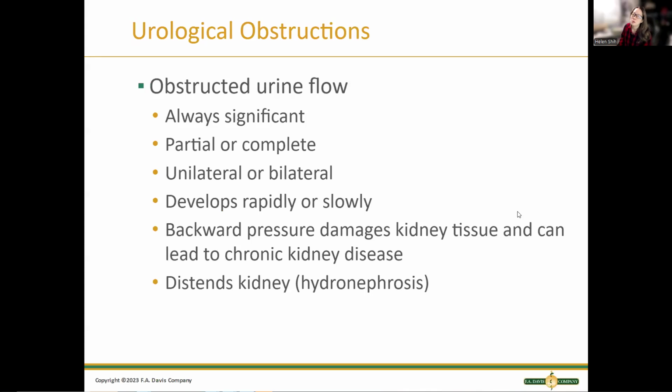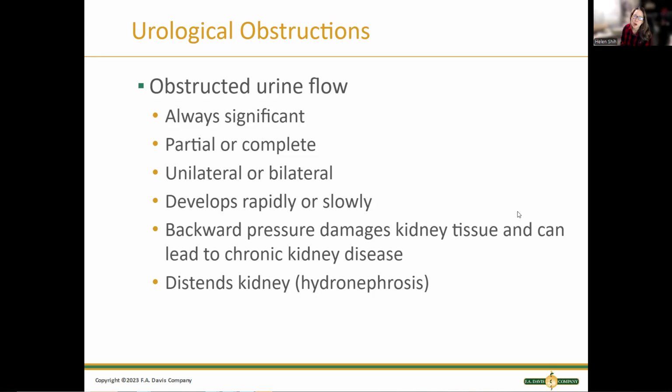Now, separate from UTIs, another category of urinary disorders would be urological obstructions, in which there is obstructive urine flow. And so urological obstruction is the umbrella term, and then underneath are different subtypes.